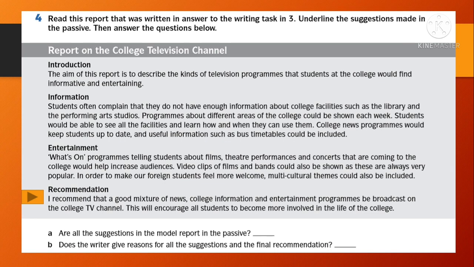So firstly, in the passive, this is one of the answers: Programs about different could be shown each week. Other than that, correct, this one is also one of the suggestions written in the passive: Useful information such as bus timetables could be included.